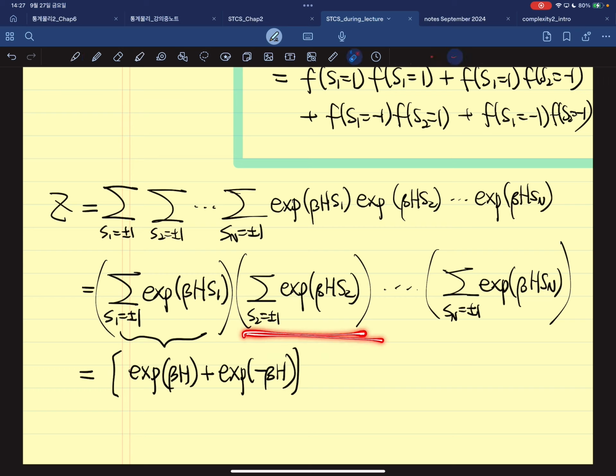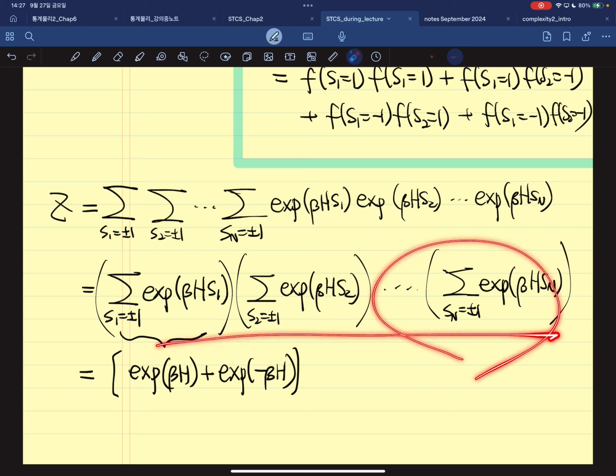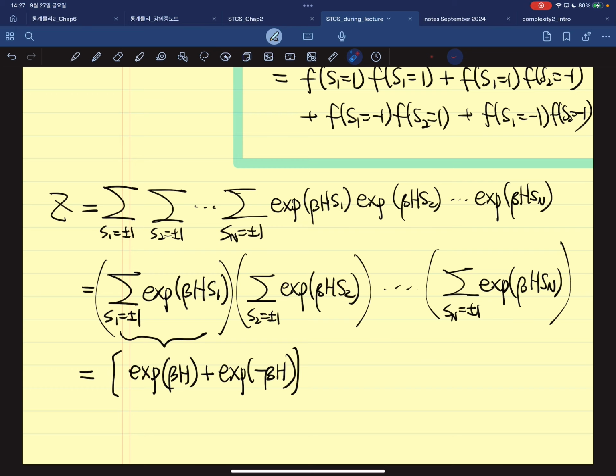What about the next term? It's the same, right? All the way, they are all the same. So it's simply just 2 to the nth power. So you already solved this problem by using this mathematical technique.